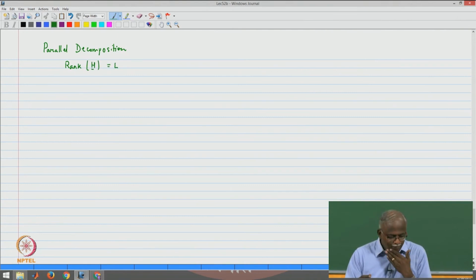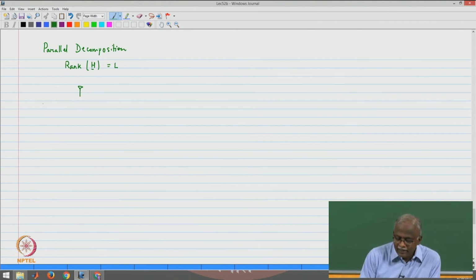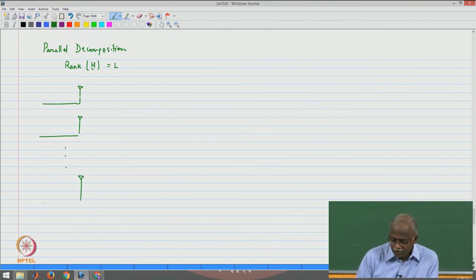Now, once we have done the parallel decomposition, the channel looks like this. There are only L transmit antennas, because effectively there are L parallel channels. We can call these X1 tilde, X2 tilde, XL tilde. Now, this will get transmitted by this antenna, and effectively the channel looks like a gain for each antenna which is different.